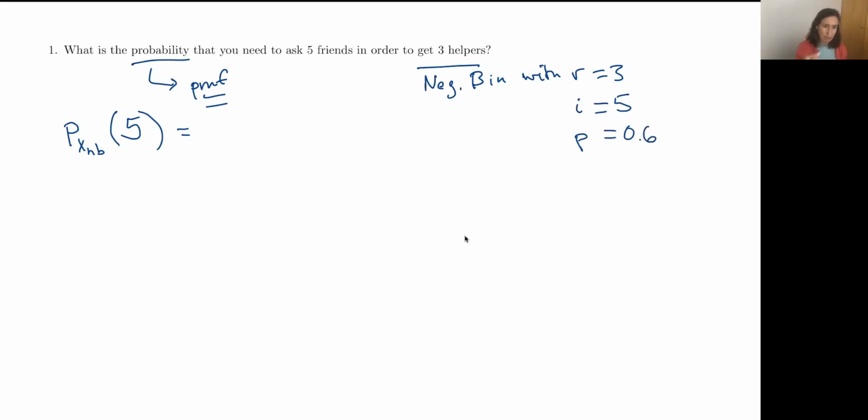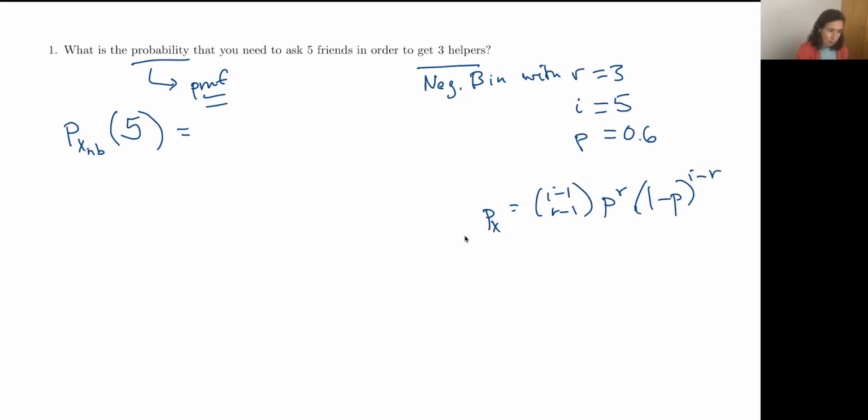Now we can just map things into the negative binomial PMF, and let's remind ourselves what that is in the abstract. It's i minus 1 choose r minus 1, p to the r, 1 minus p to the i minus r.